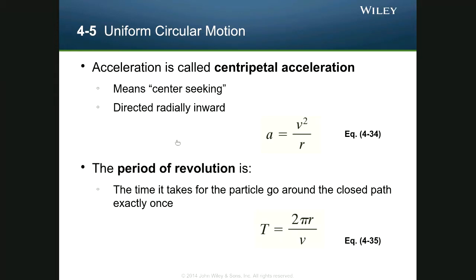If we make a circle, and I start at the top, and I go around, that's the period, right? The time it takes for that to happen is the period.